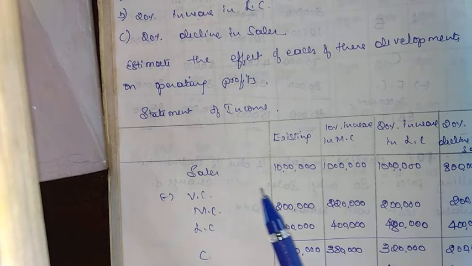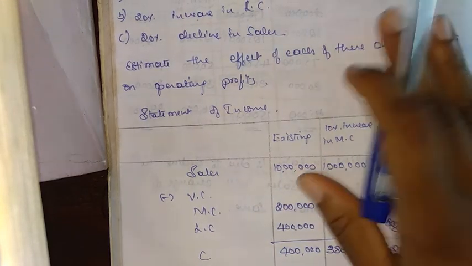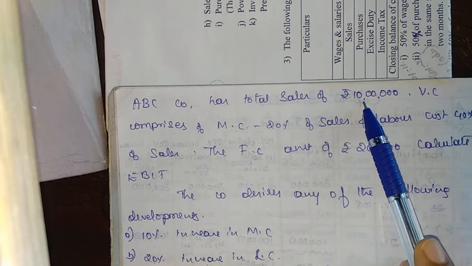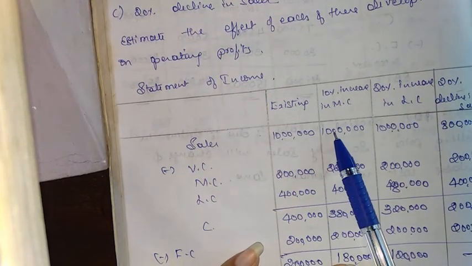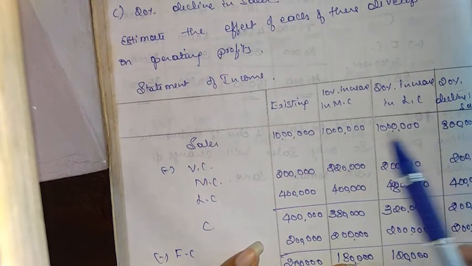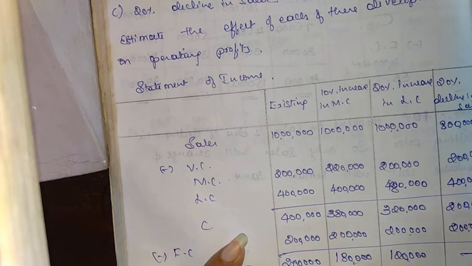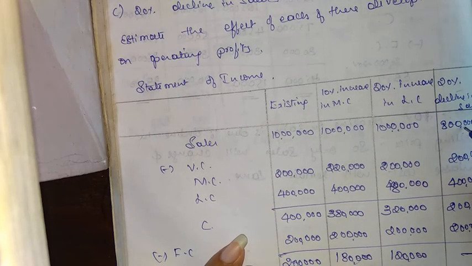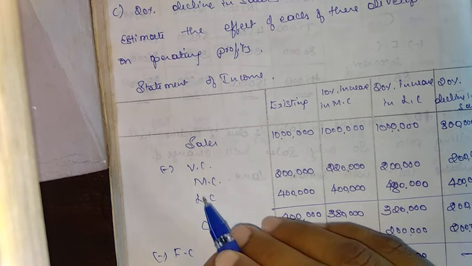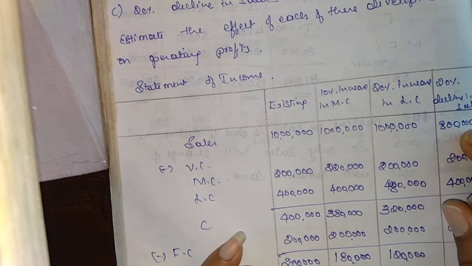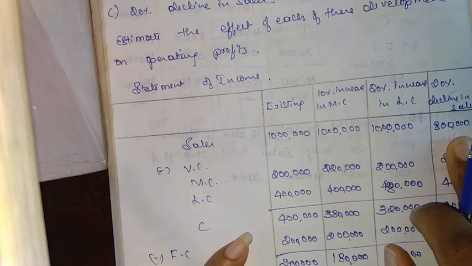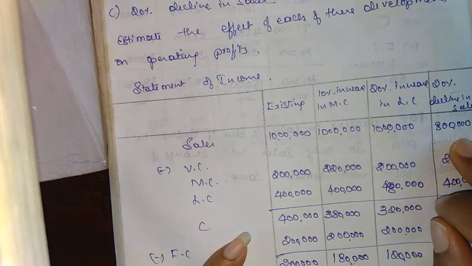So you write the sales amount. Here sales is given in amount, that is 10 lakh. As it is we write it, but in the fourth column we reduce sales because of the 20% decline in sales, to 8 lakh. And here we make the assumption that sales units are not mentioned.